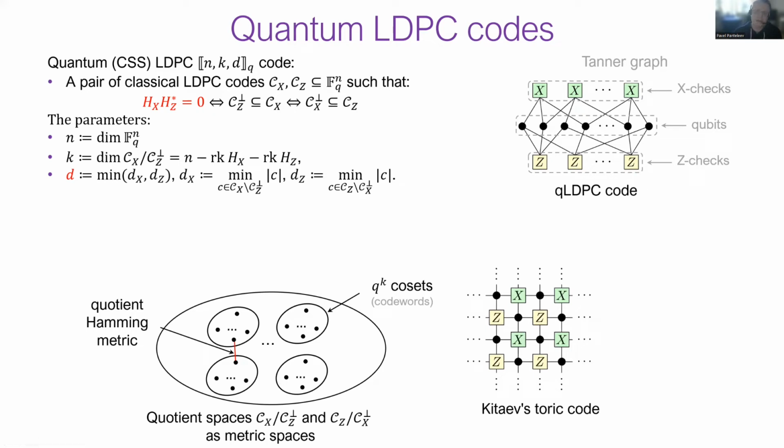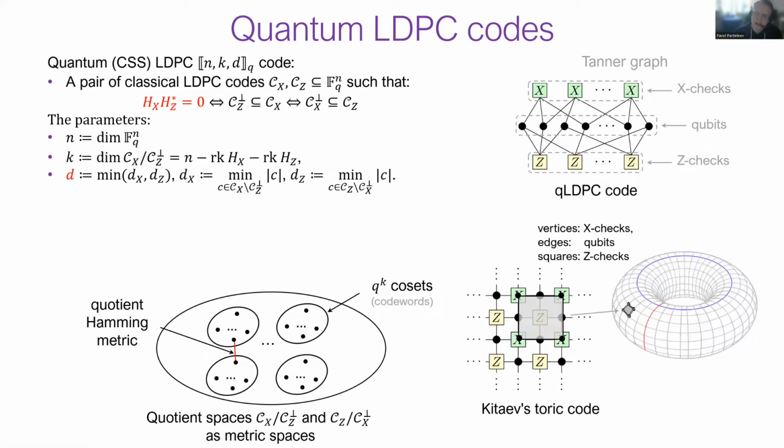A famous example of a quantum LDPC code is the Kitaev toric code. It is usually represented on a two-dimensional torus. What is important is that the distance we define here corresponds to the length of the systole. The systole is the smallest non-contractible loop in this torus.